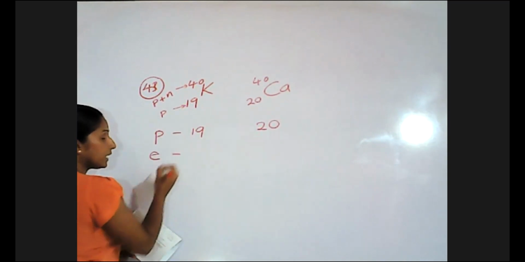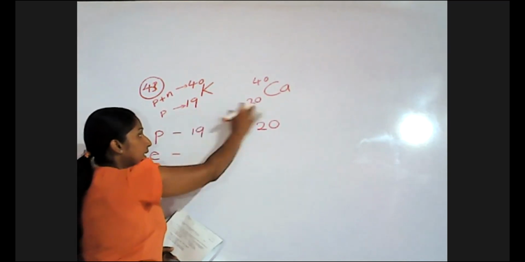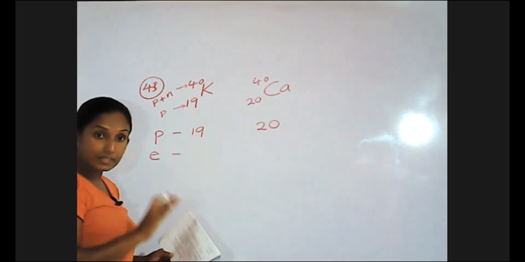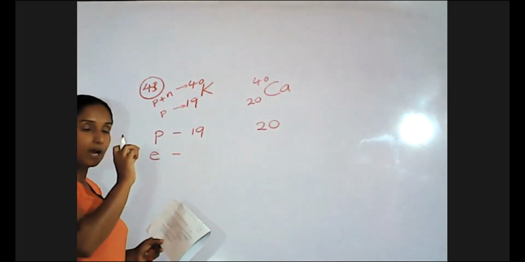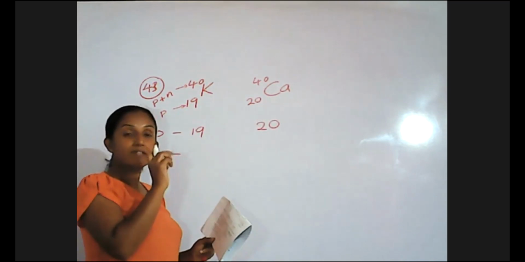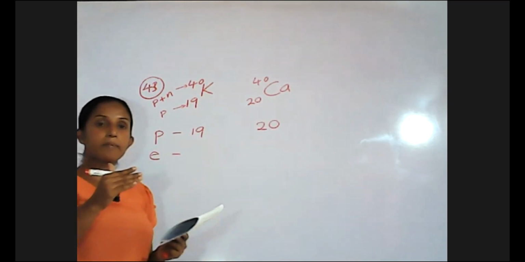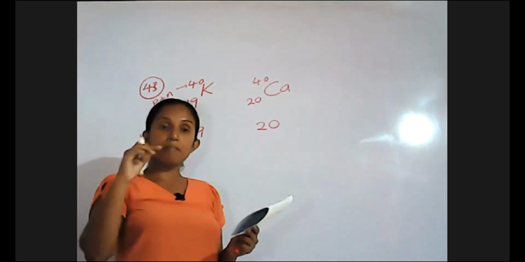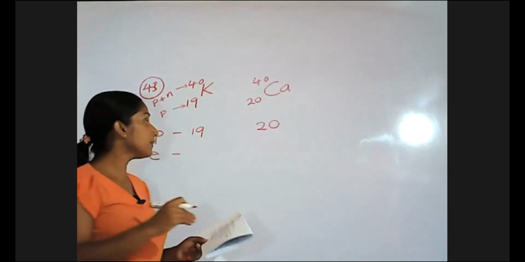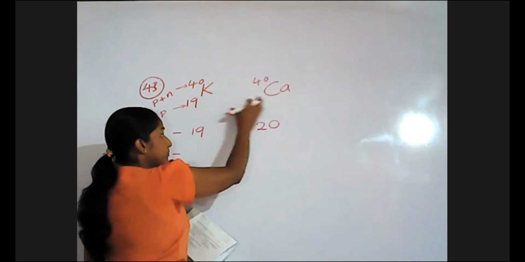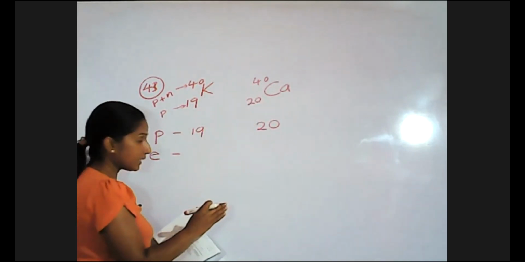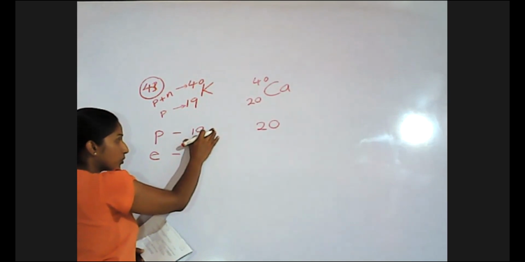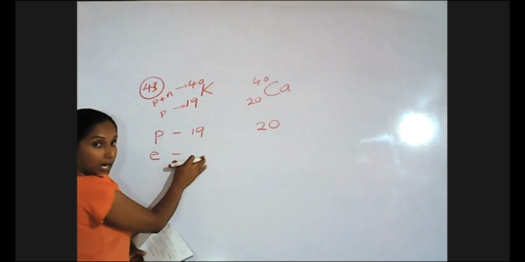When we consider the electrons, normally the atoms of the elements are electrically neutral. You have to remember these terms, because when you write the answers for the structured paper or the essay paper, you have to use these terms, as the marks are given for those things. As the atoms of the elements are electrically neutral, the number of protons and the number of electrons are equal.